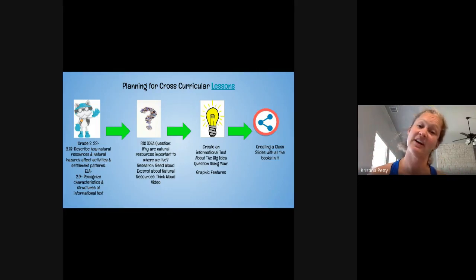So really, they're going to have to get to understanding about natural resources. A second grader, which is my daughter, is going to have to understand natural resources. But more importantly, she hasn't met that TEK unless she knows how it affects different places that people settle. So, for example, not just saying that trees are important because they provide wood, because of the wood that they can create from trees.